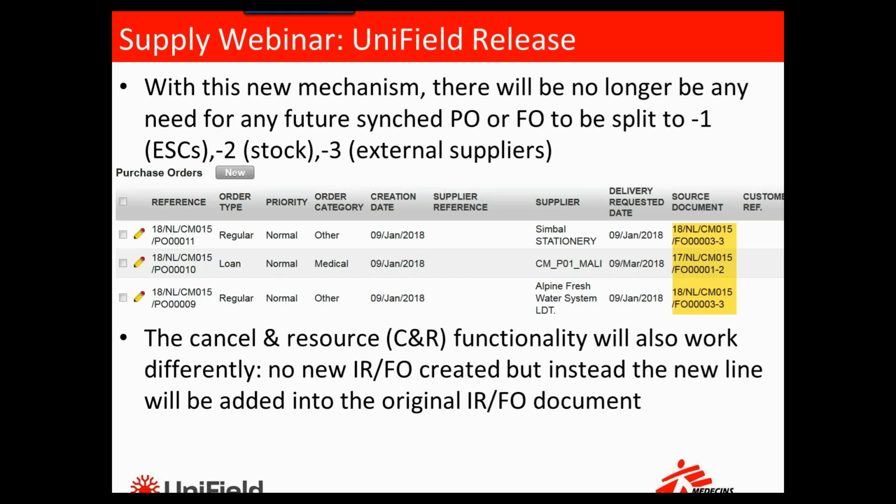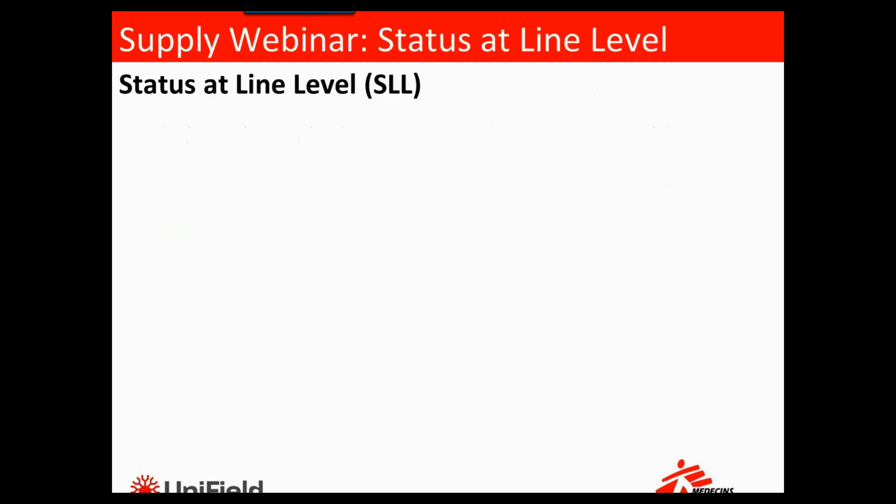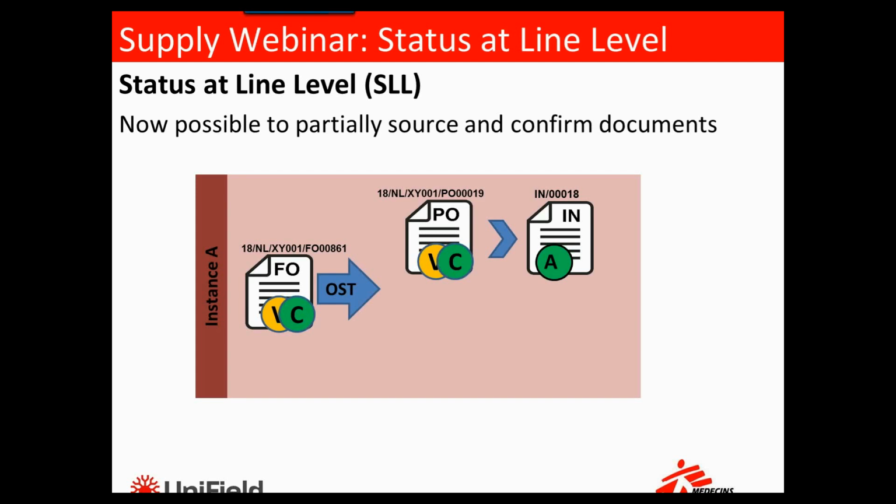So now what do we have? Let's imagine we had an incoming shipment, and at this stage in the reception, when I have my incoming shipment number 18, my supplier says, I'm very sorry, I don't think I can deliver these goods to you. I'm sorry, I cannot. My warehouse is burnt. What do you do? Right now with UniField, you can cancel and resource, right? So you come to your incoming shipment and you say, I want to cancel this incoming shipment and I'm going to look for another supplier. What does UniField do?